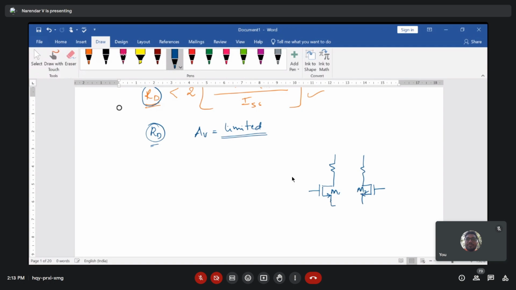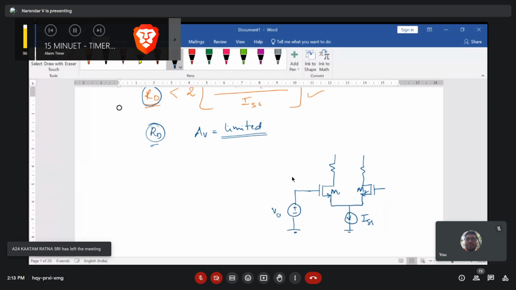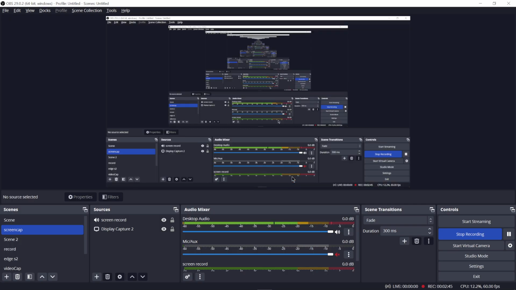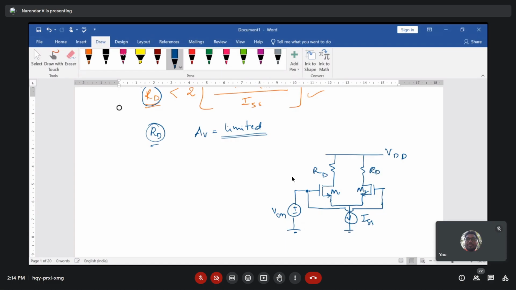The sources of M1 and M2 are connected to a current source ISS, and both gates are connected to VCM, a DC signal that you are applying. This is your VDD, this is RD. This is how we define the common mode signal applied to the differential amplifier.